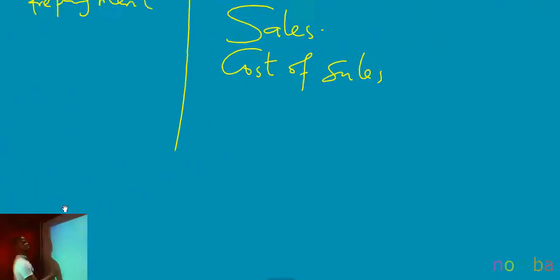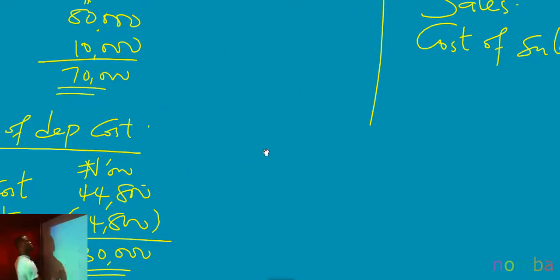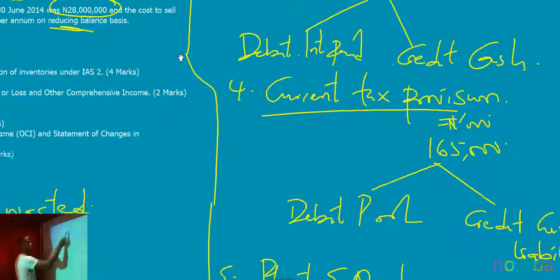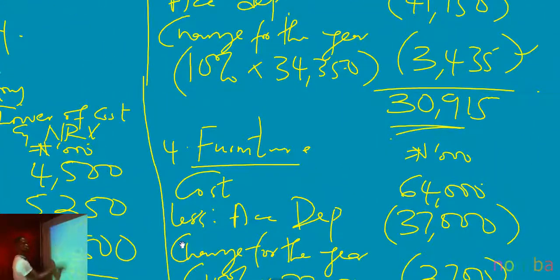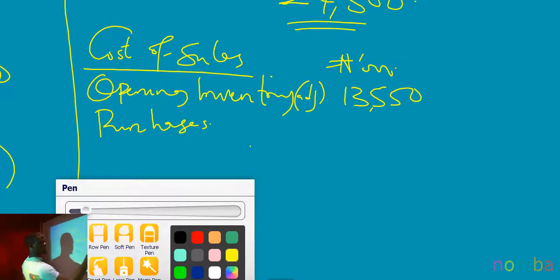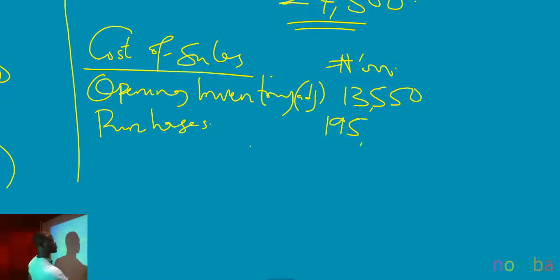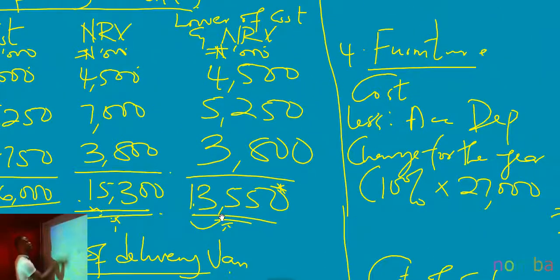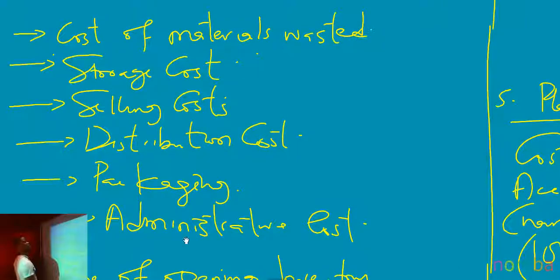So let me go and have it there as purchases, 195,000. If you have returns outwards, such should be deducted. If you have carriage inwards, it has to be added. So we need to check if we have returns outwards or carriage inwards.